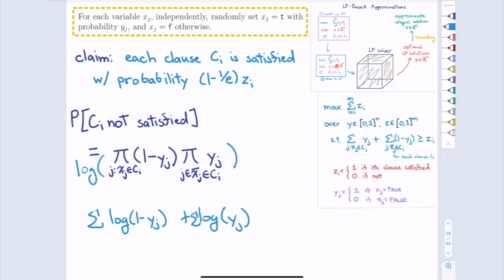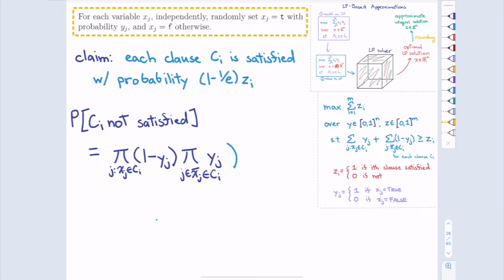Now it's hard to relate this to that because you have logs around everything. So that's still an issue. Right? So how do I get from a multiplicative mode into an additive mode? You guys have done this before in previous classes.